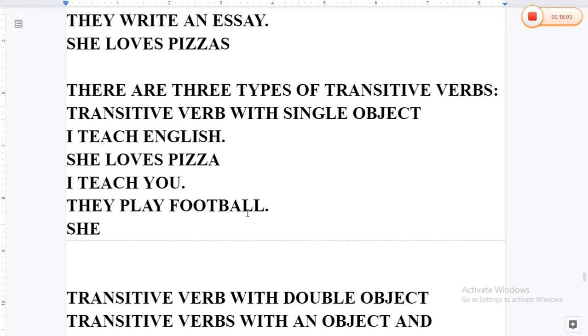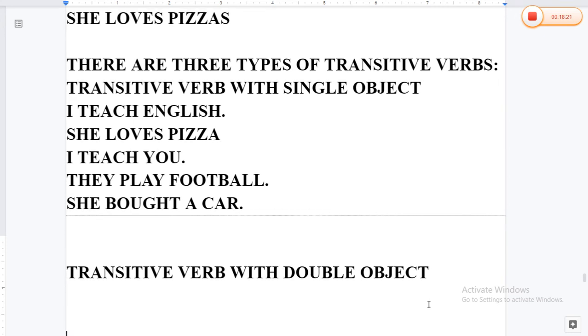She bought a car. These are examples of verbs which have only one object, in transitive verb with single object.